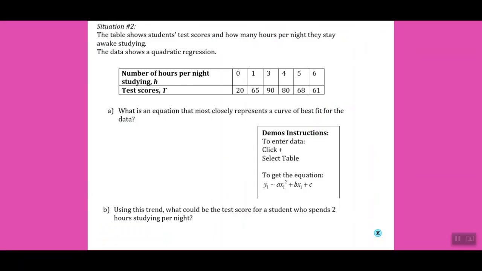So our equation will start with y equals -5.04, because the 9 would make the 3 round up, x squared plus 34.98x plus 26.29.